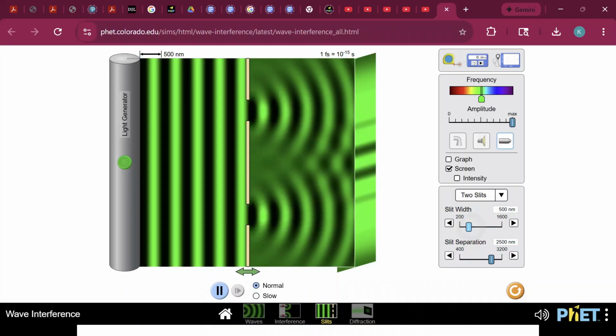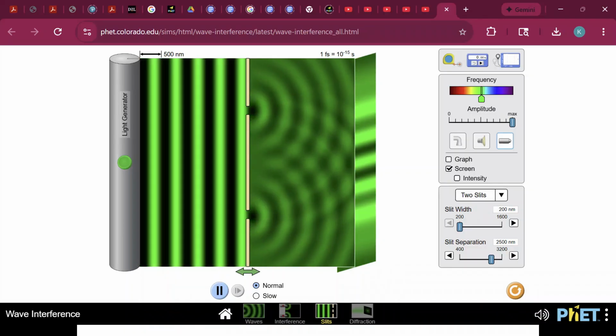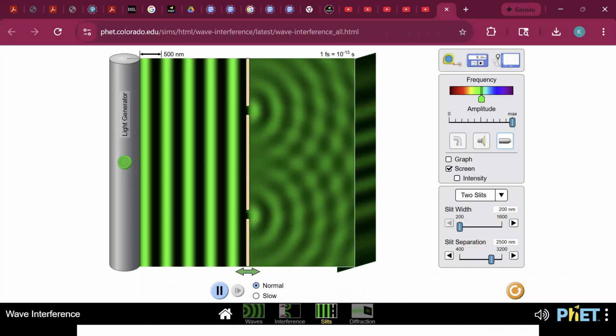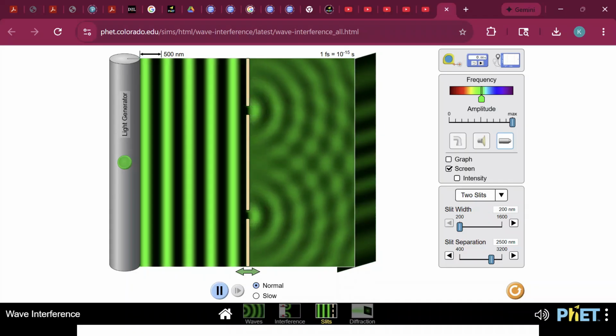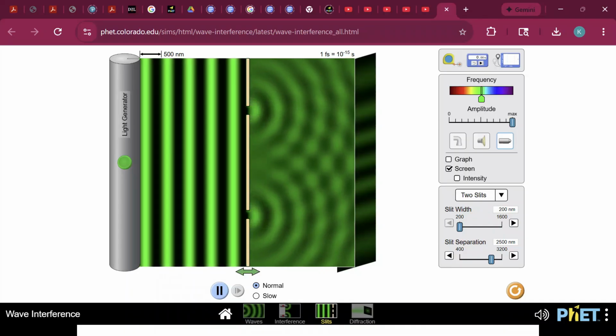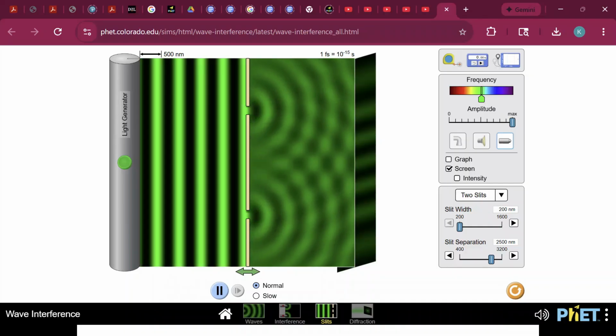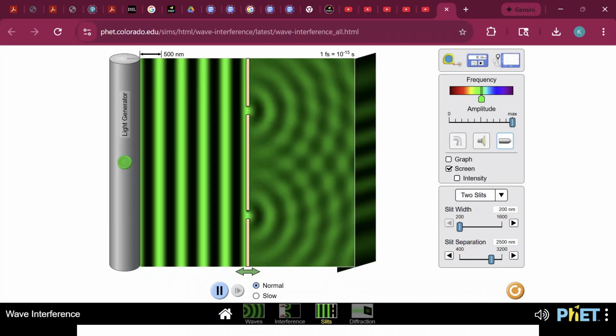If I make those slits smaller, you can see they get dimmer, but I get more separation between each of those bands. And I can see that really cool diffraction pattern with that interference between the constructive and destructive interference sections. So kind of fun things you have going on there.